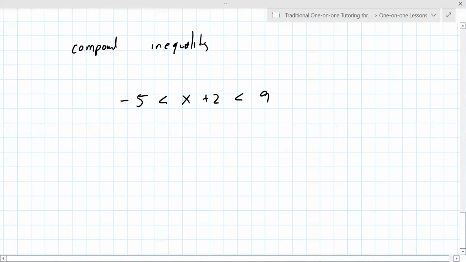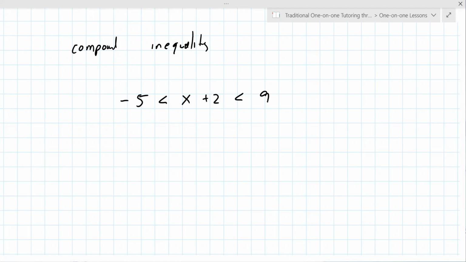Now, I saw this towards the end of your practice set, and I was wondering how comfortable you were with compound inequalities. So I thought we'd look at one. Let's say it's -5 less than x plus 2 less than 9. Do you remember from section 5.4 what to do to solve something like this?